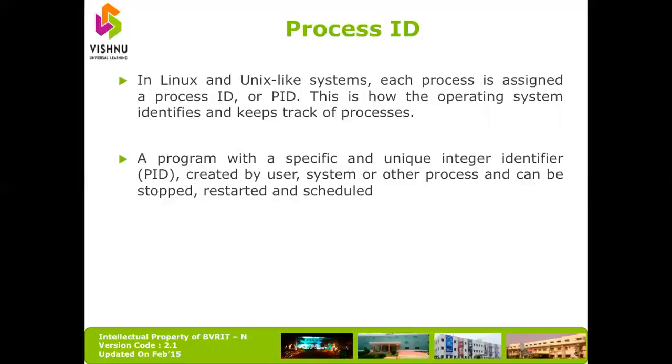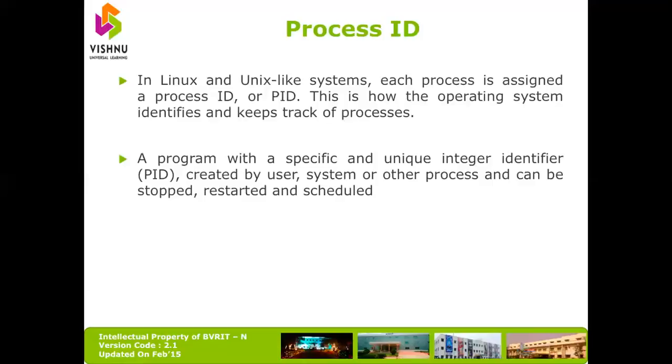What is the use of a process ID apart from identifying the process uniquely? Using the process ID, you can perform multiple operations on the process, like stopping, restarting, terminating, scheduling a process, or multiple other options.